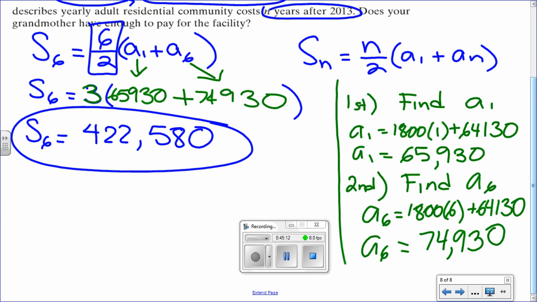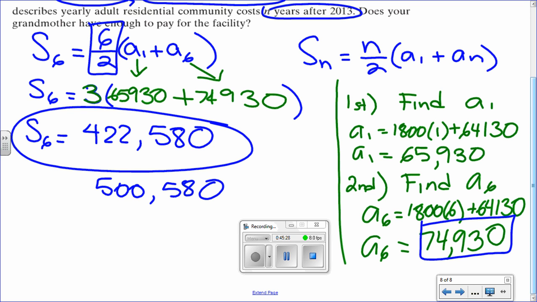Okay, so does grandma have enough? How much did she have at the beginning? 500,000. What does she have for an extra year though? How can we get the next year? How much will it cost? Try doing that: 74,930 plus 1,800. Tell me quickly.